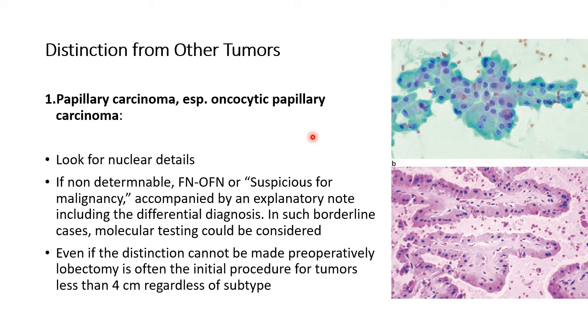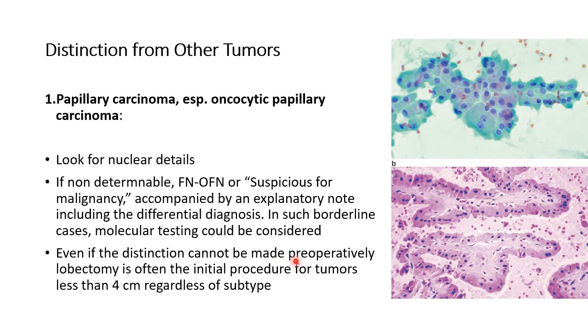So you may need to differentiate these tumors from certain other tumors. For example, papillary carcinoma, especially oncocytic papillary carcinoma. So it is important to look for the nuclear details. If the details are non-determinable, a category of follicular neoplasm or suspicious for malignancy can be given, accompanied by an explanatory note including the differential diagnosis, and molecular testing can be considered in these cases.